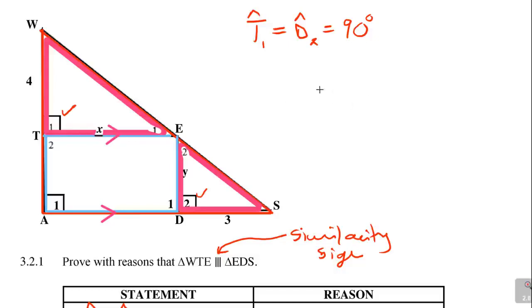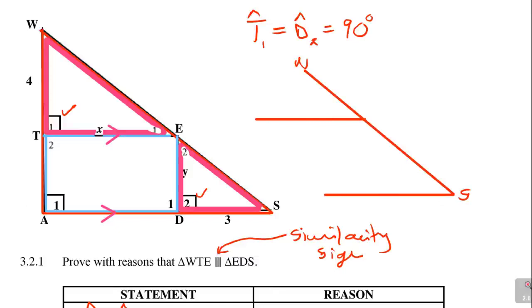If I give you this line here, which is my WS, and then I give you also this line, and I also give you this line, and then I tell you that this is my T and this is my A for some reason.